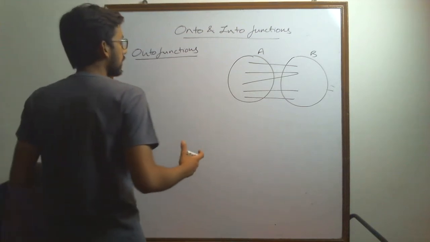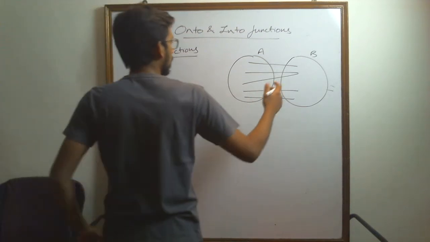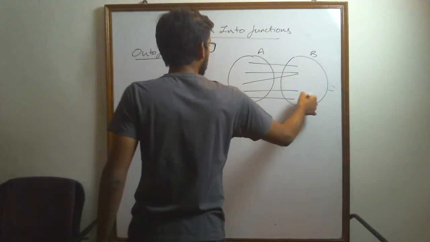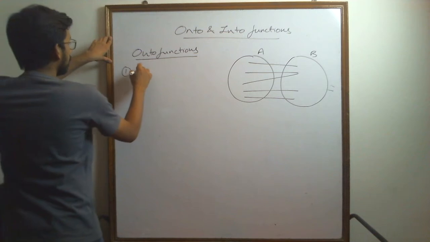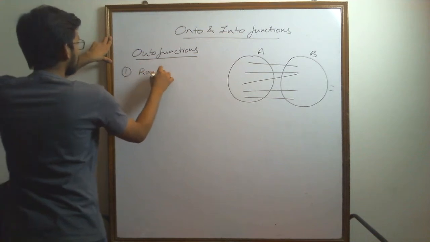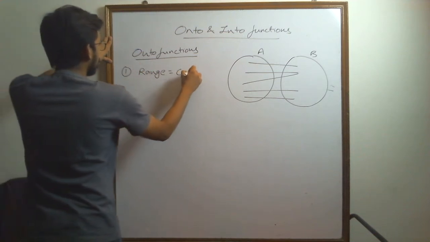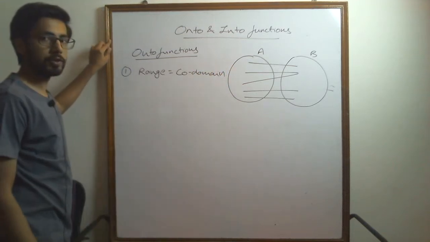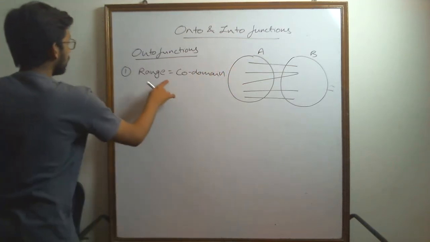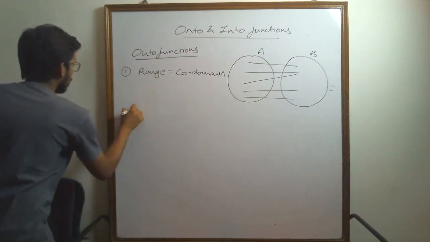So, how do we say which functions are onto? Now, if we know that there are no free elements in the codomain, then the first thing we know is that the range will be equal to codomain for an onto function. So this is one way to prove that it is an onto function.